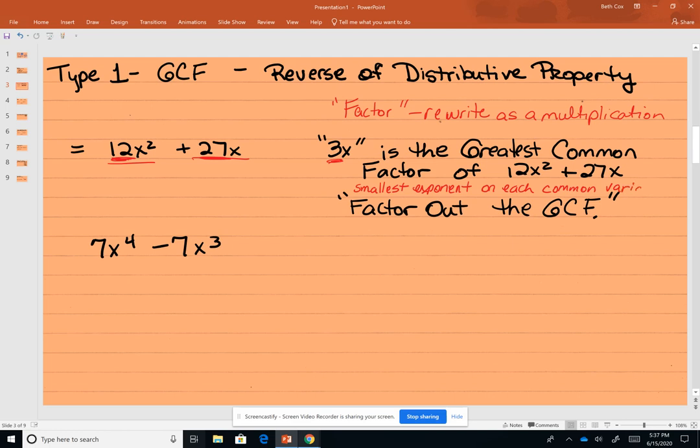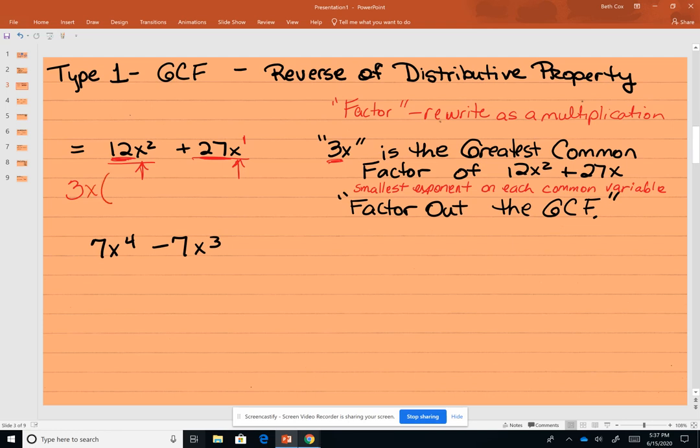And so for this problem, they both have x's, and so x to the first is the smallest one, and so that's the GCF, or the common factor of that variable. So 3 is common for the numbers. X to the first is common for the variables.